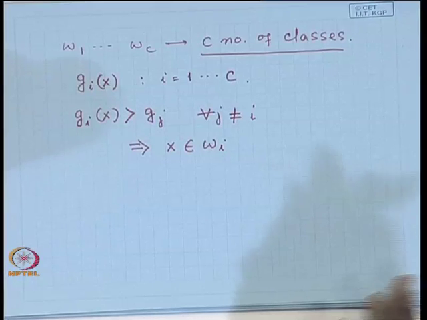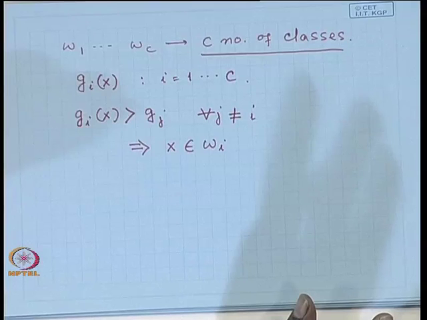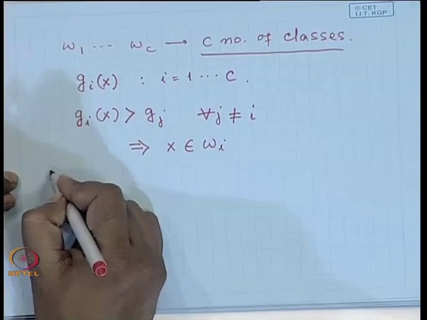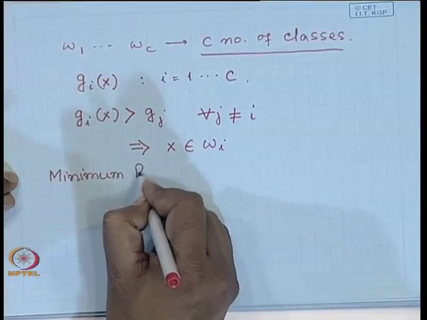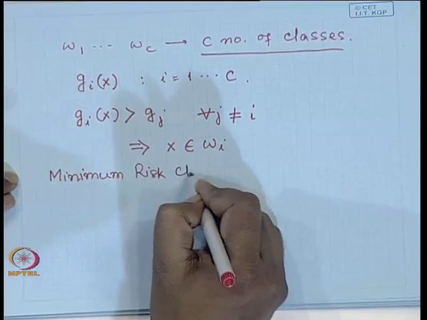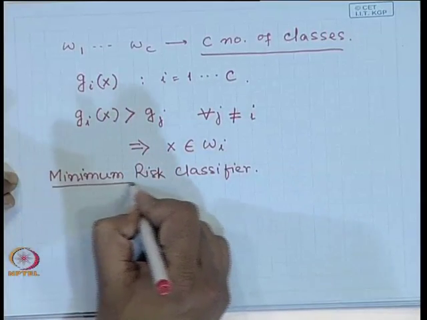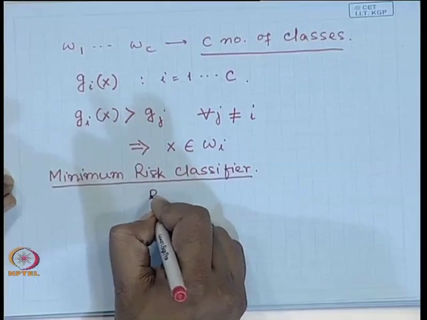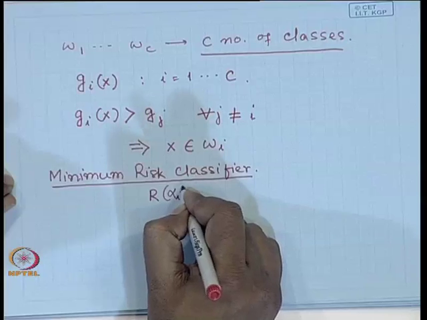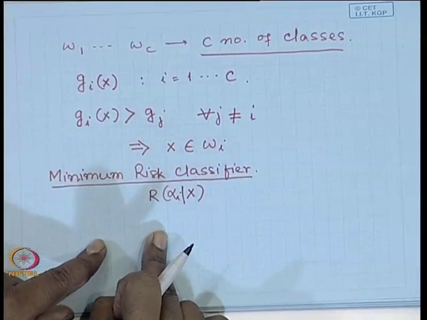What will be the nature of this discriminant function under different conditions? If I go for the minimum risk classifier, my risk is given by R of alpha i given x for taking an action alpha i, and the risk has to be minimum to take an action alpha i.